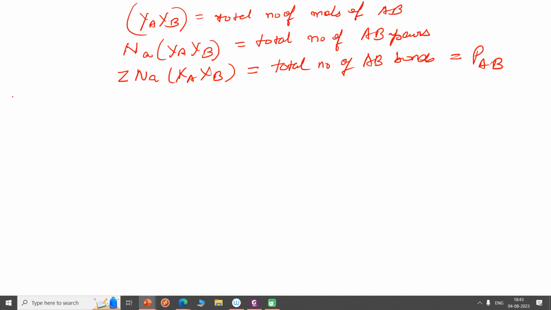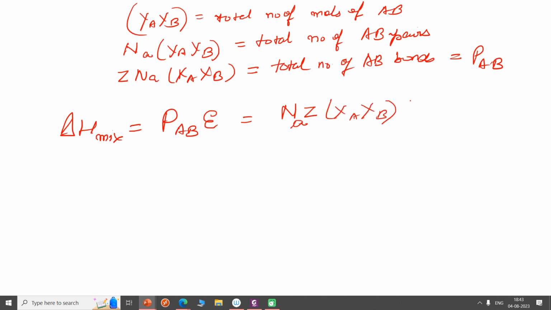Okay, so just plug it into our enthalpy change of mixing equation. So we had this, right? So we have Z and A, where N is our Avogadro's number, which is a constant, Z, chi A, chi B, E. And since for a given composition, E is nothing but the change in the bond energy between the AB bond and the average of AA and BB bonds.